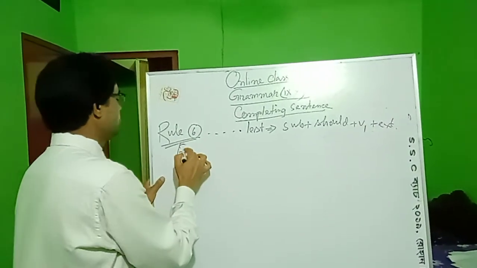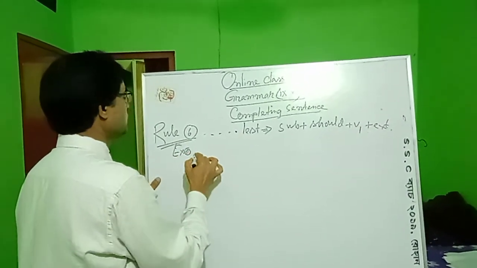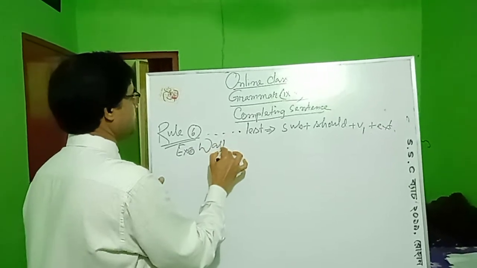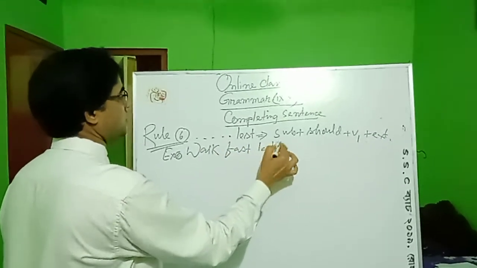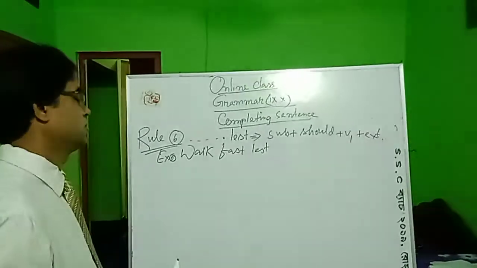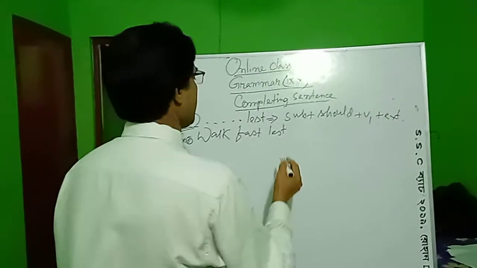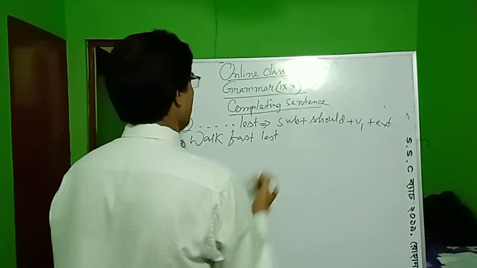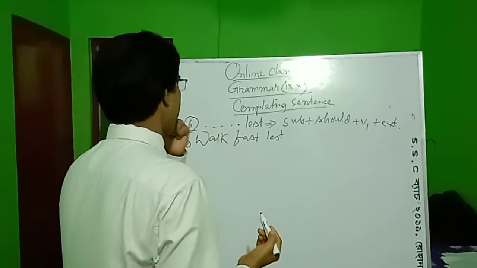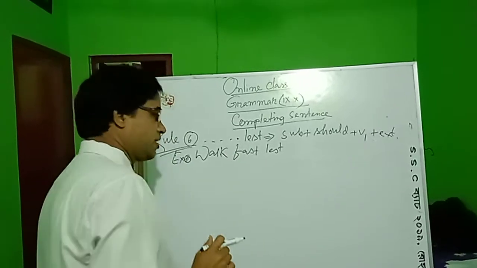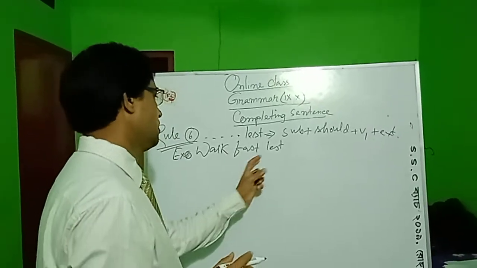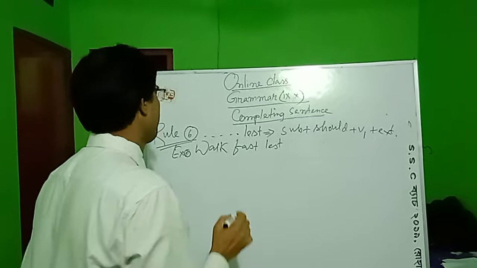Example number 1. Work fast, lest. Dear learners, at first you will have to think the Bengali meaning of this part, and you will match the next portion. What will be?